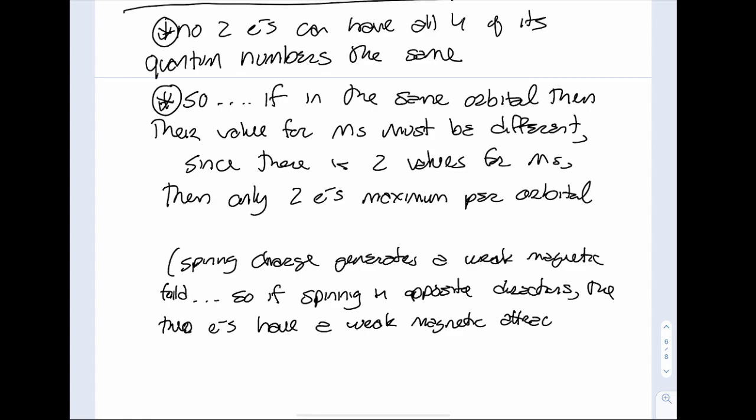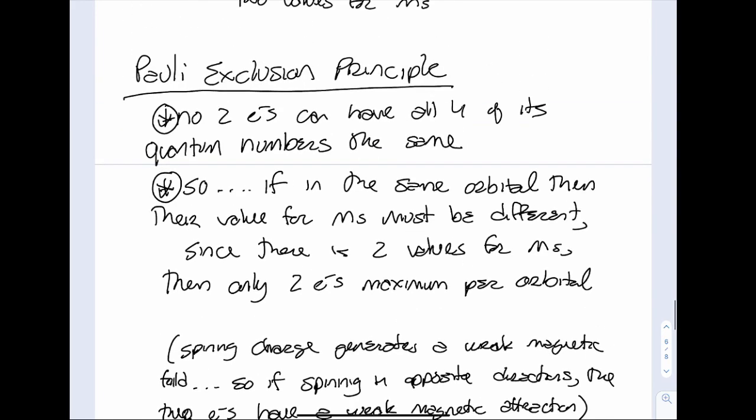Right? They still want to repel based on the fact that they have like charge, but the fact that they're the 2 opposite ends of our magnet, they are weakly attracted to each other. So we can keep them in the same region of space. So if I had 3 of them, I'm violating the Pauli exclusion principle, but then also just physics, right? They are the same ends of a magnet and they have the same charge, and there's no way they're going to live in the same region of space.